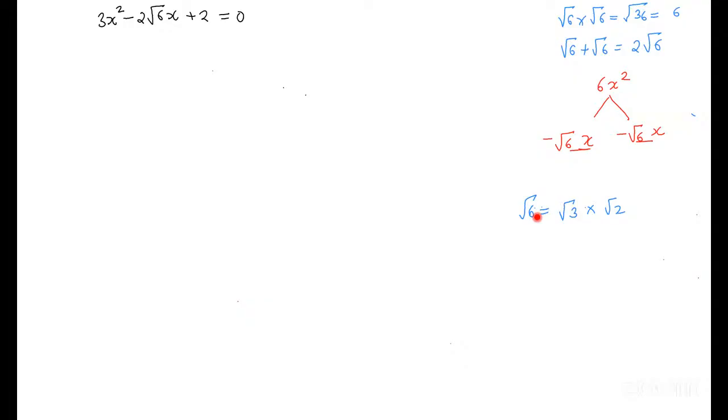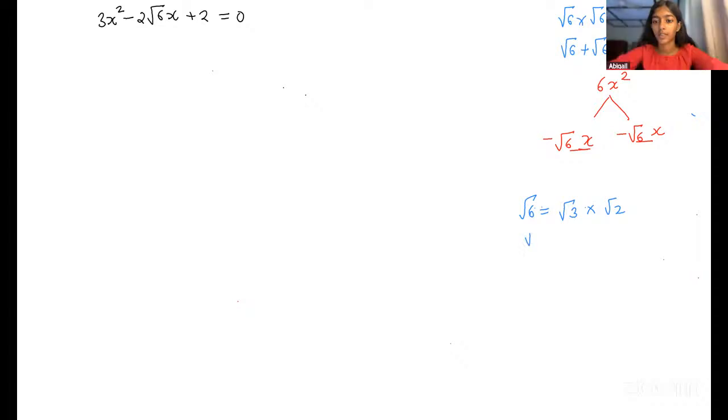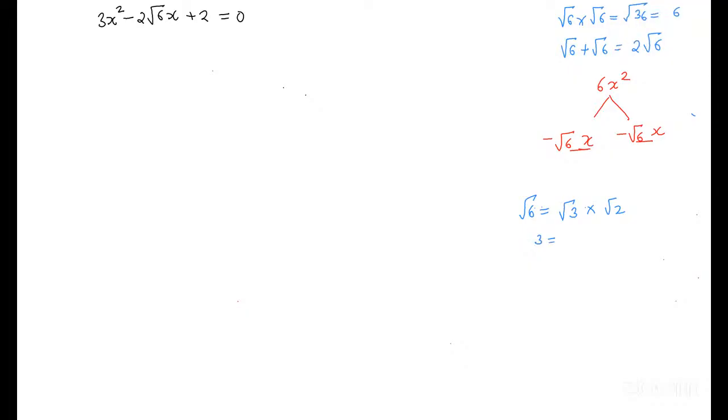Did you understand? Any problem in that? No problem. In the same way, 3 can be written as root 3 multiplied by root 3, and 2 can be written as root 2 multiplied by root 2.